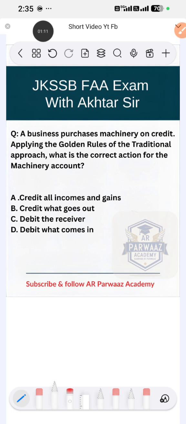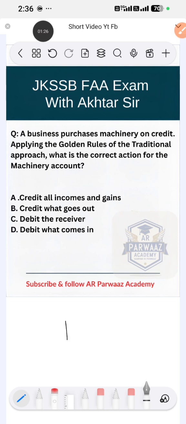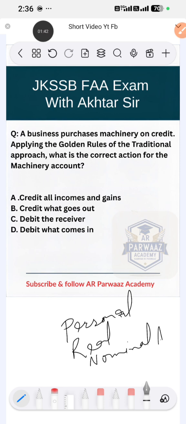Under the traditional approach, accounts are classified into 3 types: one is personal, second is real account, and third is called nominal account. This is called the traditional classification or traditional approach.